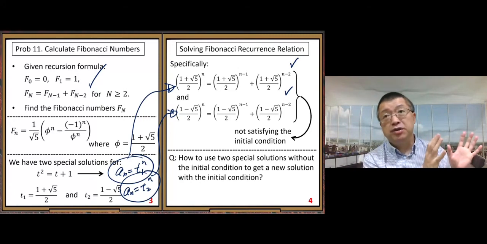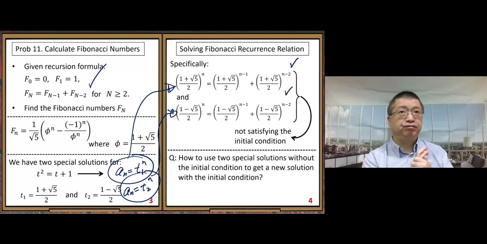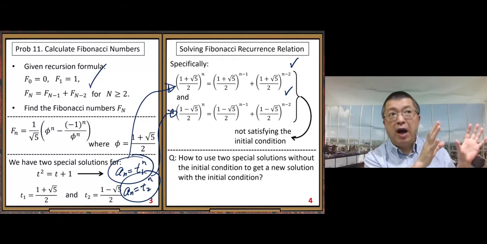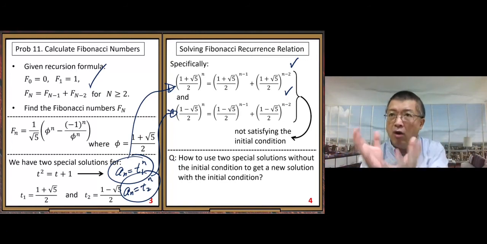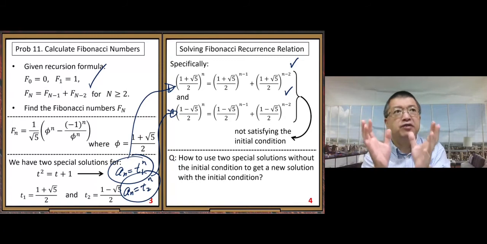Those two special solutions, none of them satisfies our initial condition, but we do not give up. We try to modify those two solutions to get a new solution, and we hope the new solution satisfies the initial condition. So that's the natural logic.